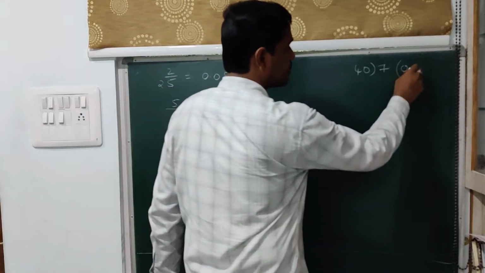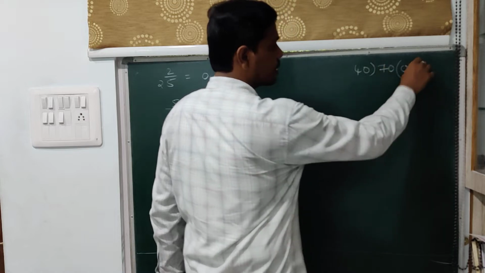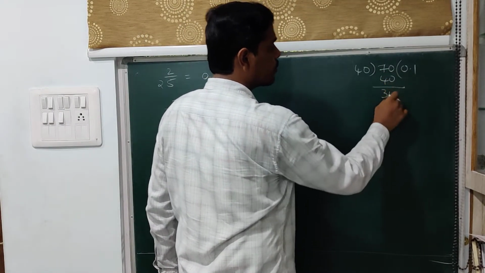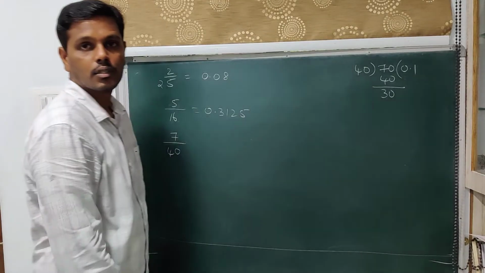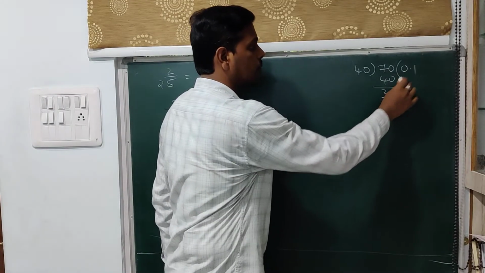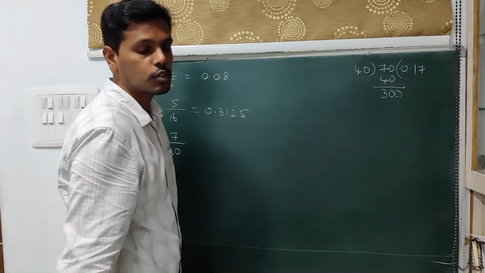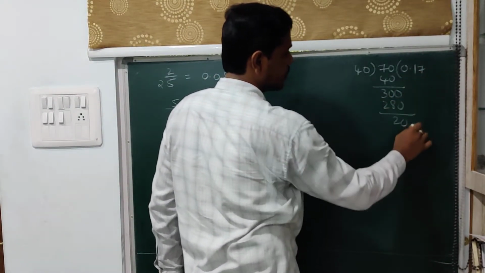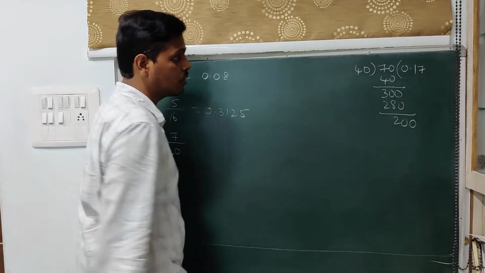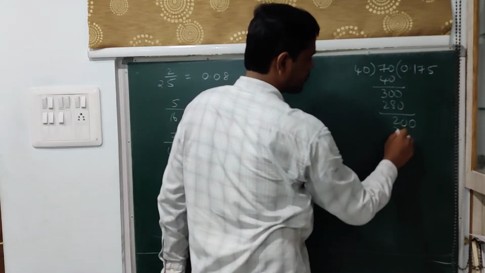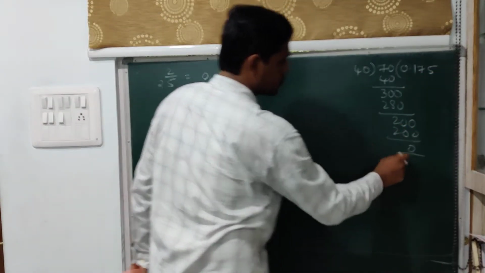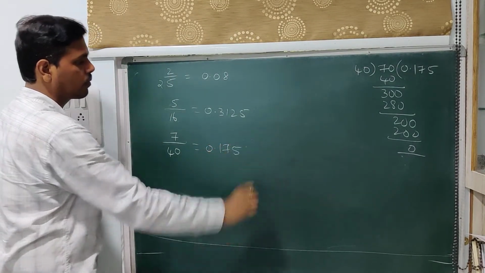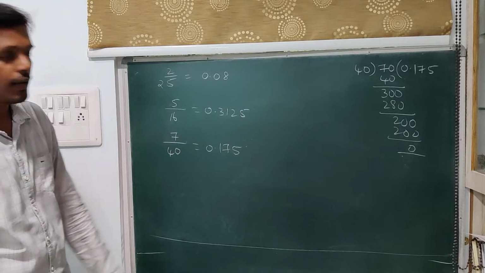So take a point. 0. Next 40 1s are 40. So you are left with 30. 30 is less than 40. So you can take a 0. 4 7s are 28, which is 280. 20. Put it, you have a point, so you can take 0. 40 5s. So which is 0.175.